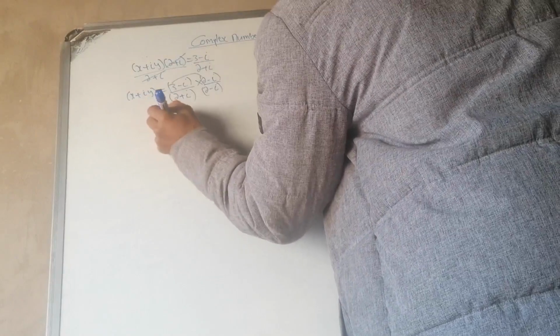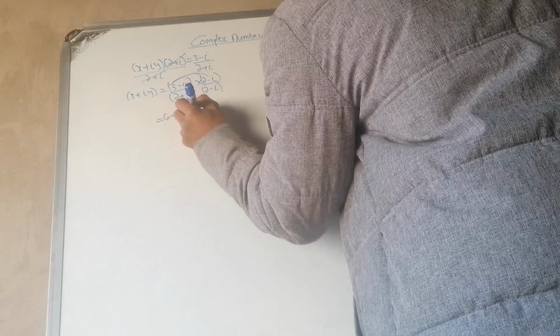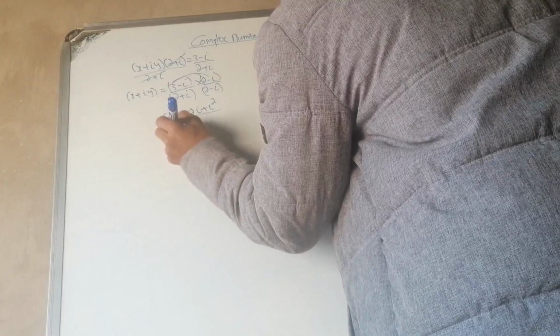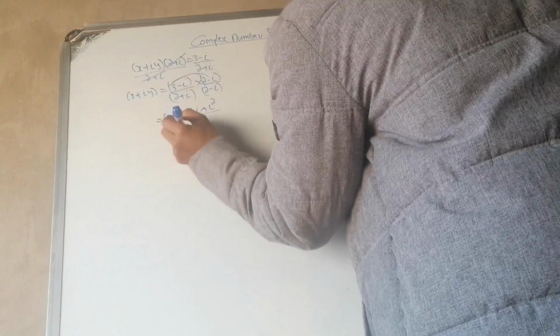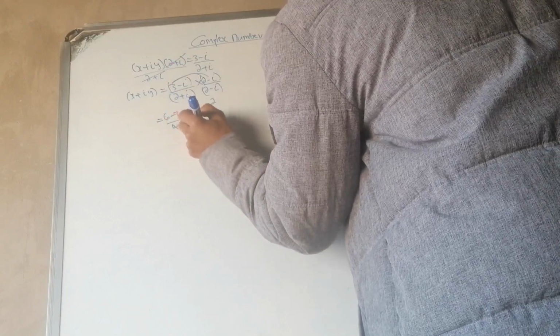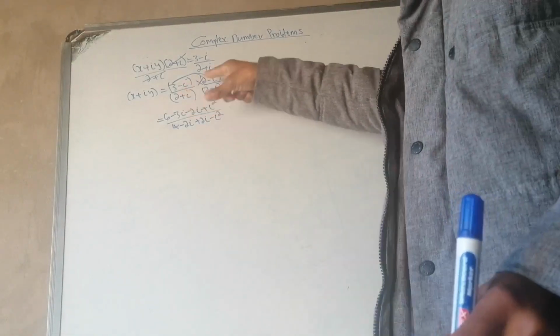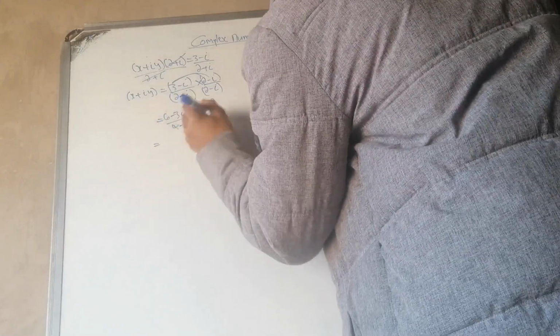So we will have 6 - 3i - 2i + i² on top. On the bottom, you'll find 4 - 2i + 2i - i².